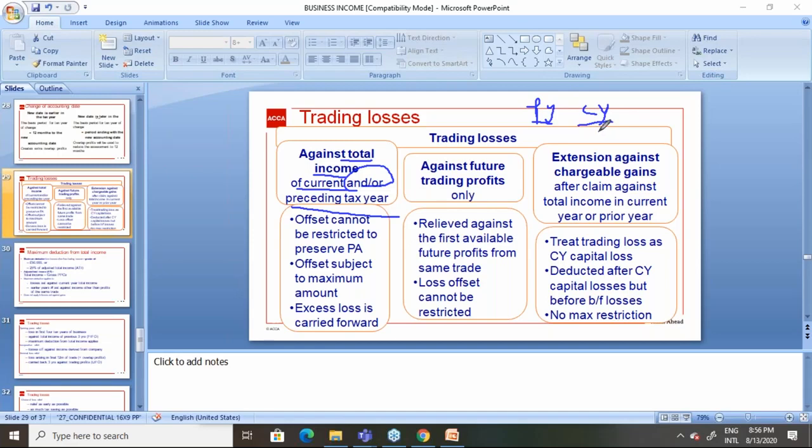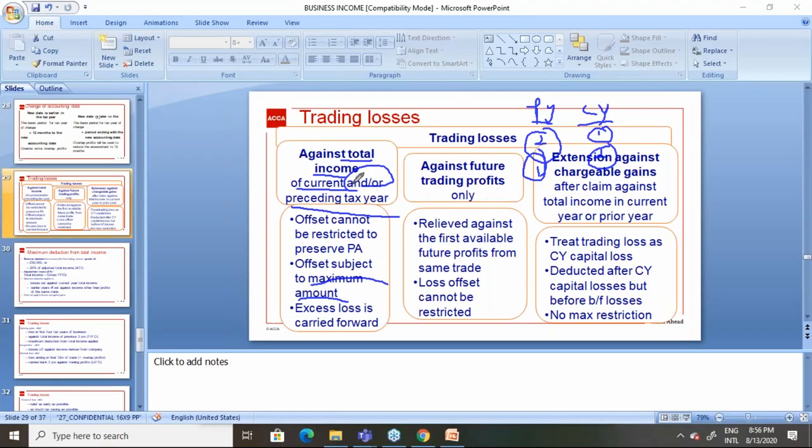First you can set it off against the current year and then against the previous year's total income, or else first against the previous year total income and then against the current year total income. You have the liberty to decide, and you must set off the maximum possible amount. Any excess can be carried forward.